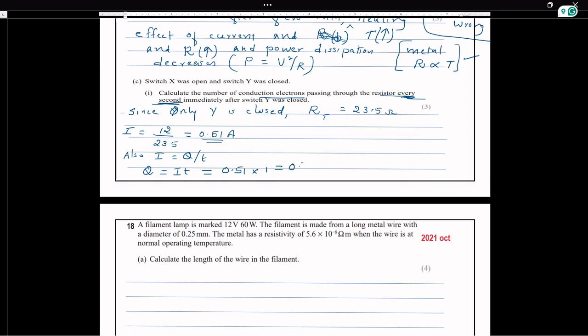So it is 0.51 coulomb. This is the charge flowing, but what they want us to calculate is the number of conduction electrons. And we know that 1 coulomb is a collection of electrons.